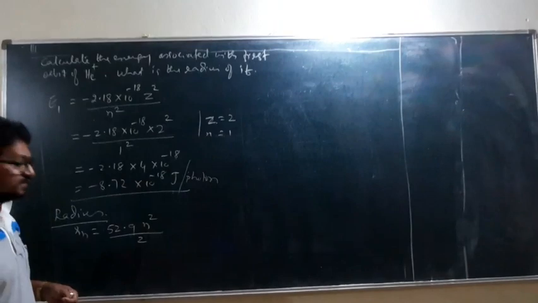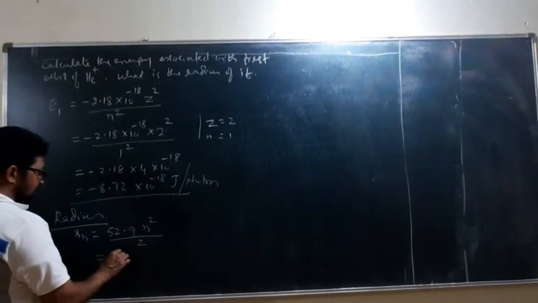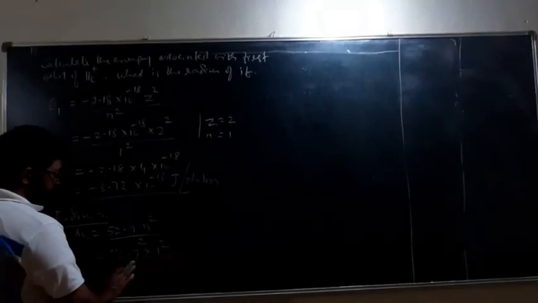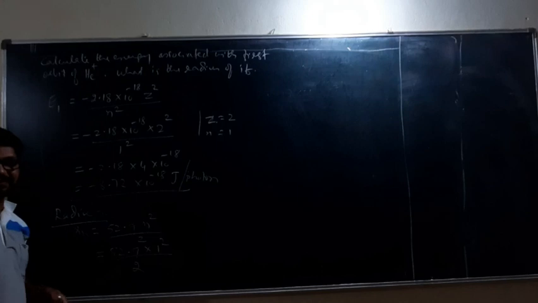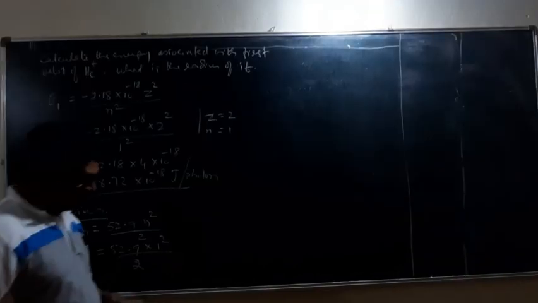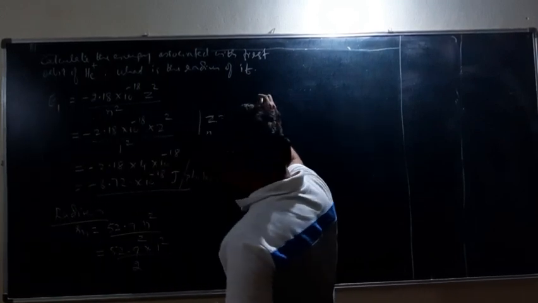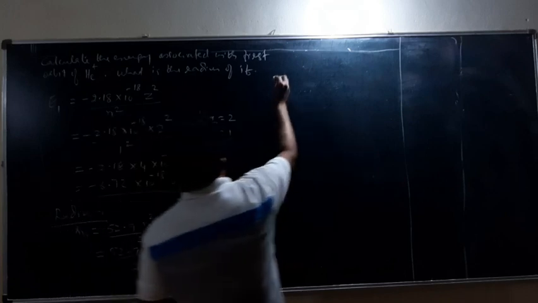So this is 52.9 n square by Z, first orbit, 1 square by Z, Z is 2, so 52.9 by 2, that is 26.45.